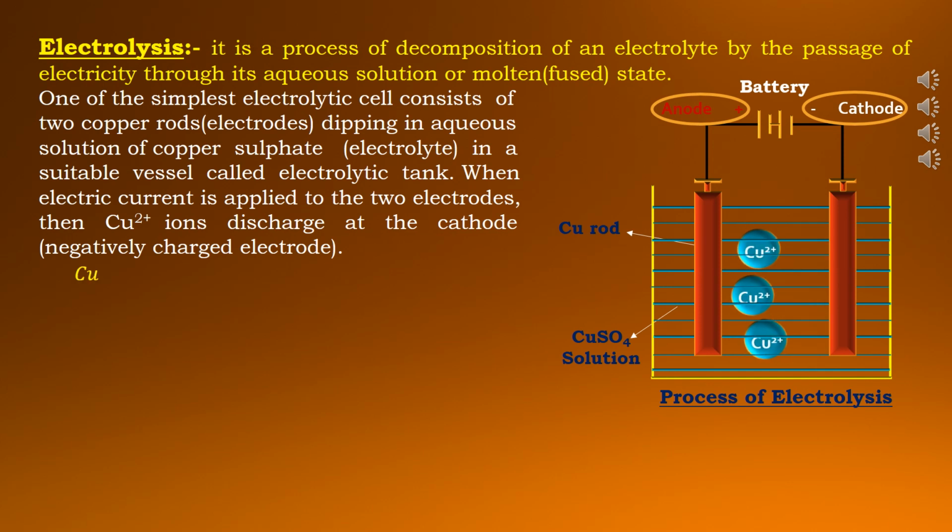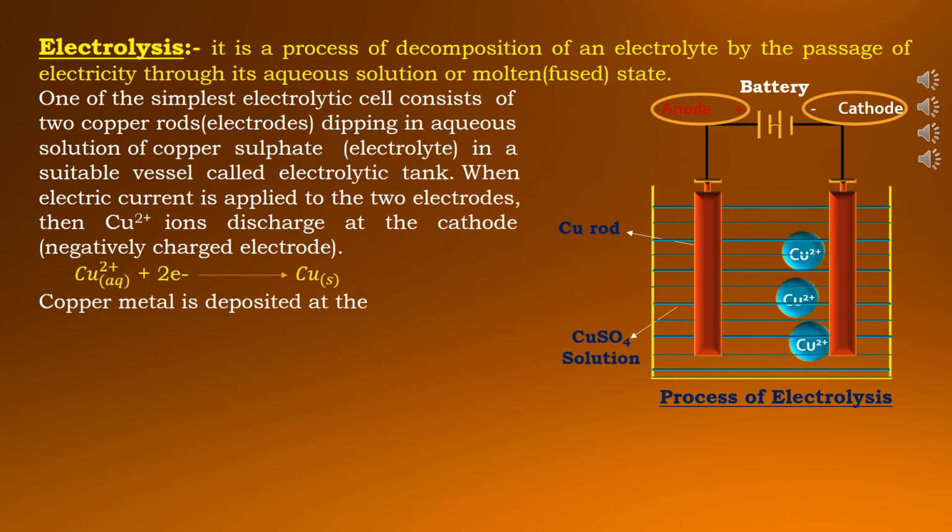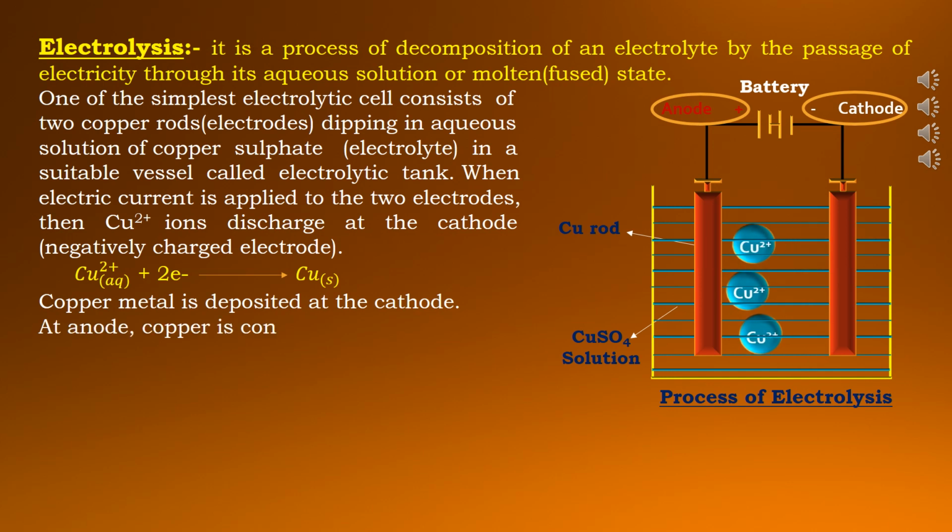So copper ions, by gaining 2 electrons, change to copper solid, and the copper metal is deposited at the cathode. At the anode, copper is converted to copper ions. As we all know, at anode oxidation takes place.